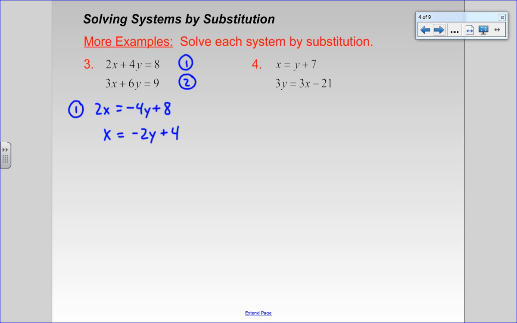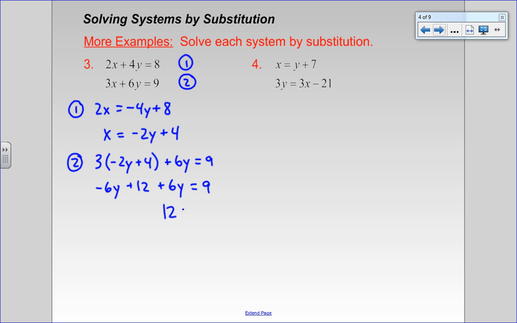Now that we've isolated x, we can substitute into equation 2. So we have 3 times the quantity negative 2y plus 4 plus 6y equals 9. To solve for y, we would first need to distribute. And then if we combine the like terms on the left-hand side, negative 6y plus 6y is 0. Those terms cancel out.